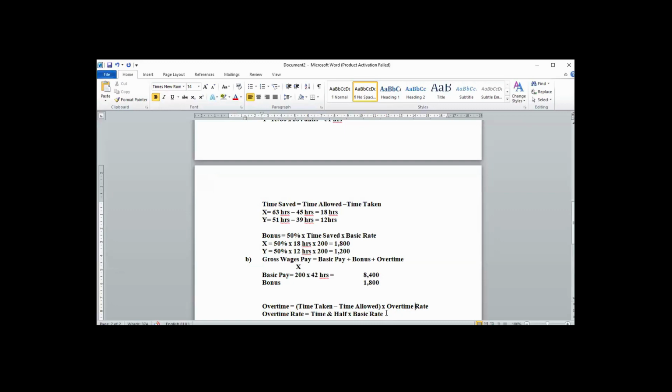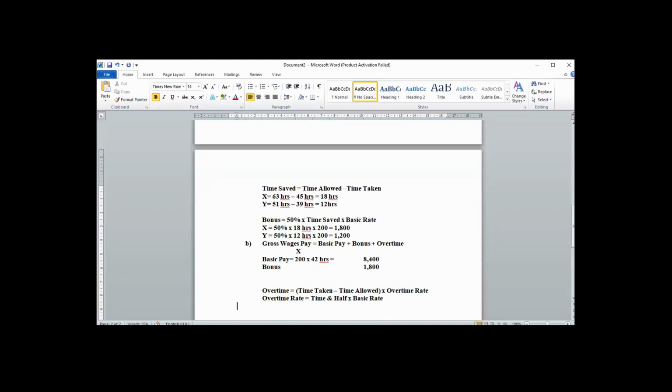Now, looking at this, the time and a half will represent 1.5. Do you know 1.5 is stated as one and a half? Times 200.